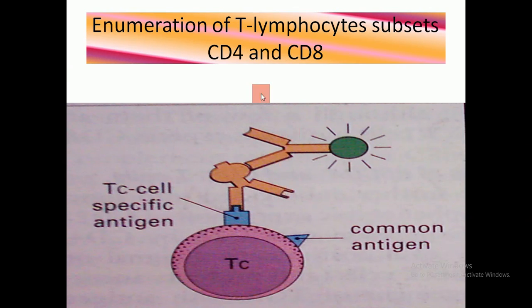The third test is enumeration of T lymphocyte subsets CD4 and CD8 using the indirect immunofluorescence test.